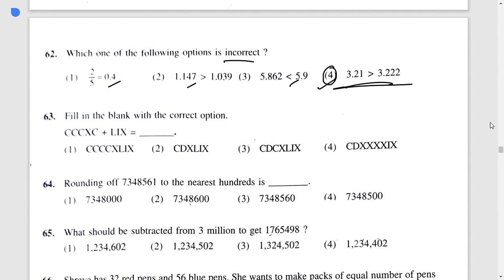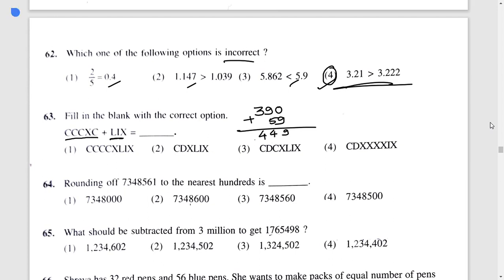Next question. Fill in the blank with the correct option. They have given CCCXC. It means CCC is 300 and XC is 90, so it is 390. L is 50. This one is 9. So 59. So you add it. After adding, you will get 449.